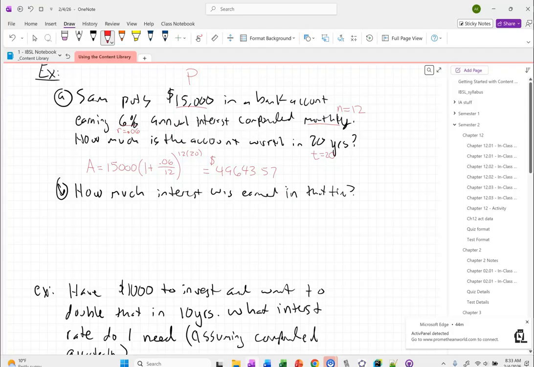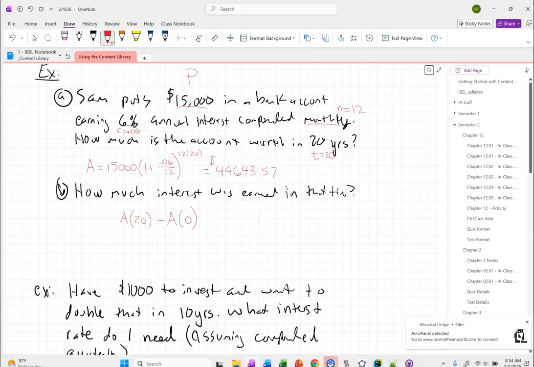Okay. So part B then asks how much interest was earned in that time. How do I figure that out? Not divide. Right, we're not going to take the future amount and divide it by the initial.